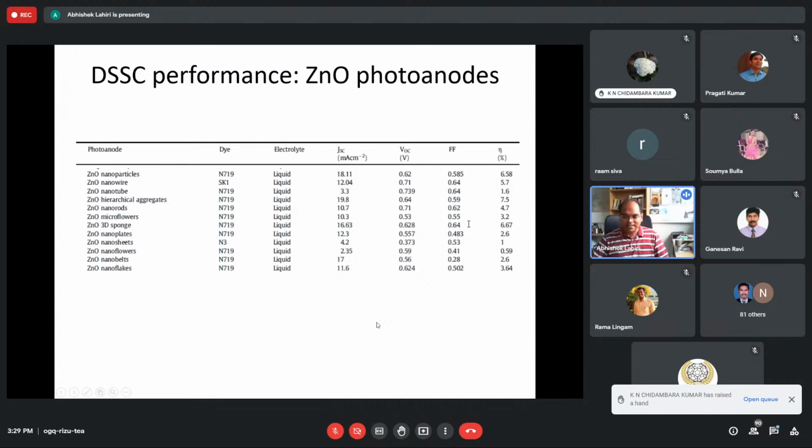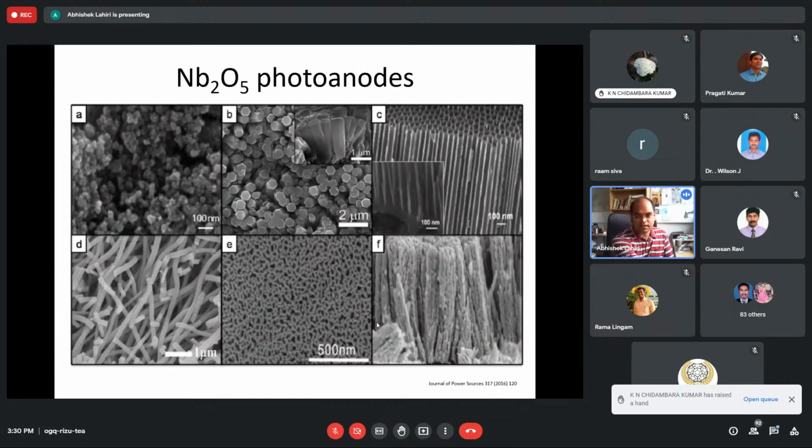So one can clearly see again that the efficiency of the dye-sensitized solar cell depends on the morphology, and not always the surface area. Finally, we go to our third example, which is niobium oxide.